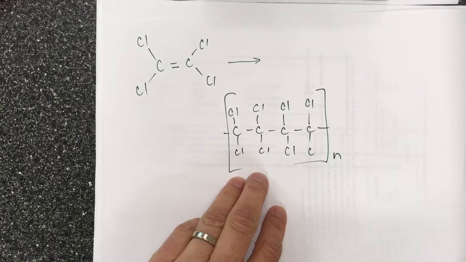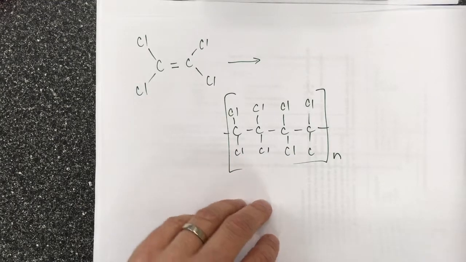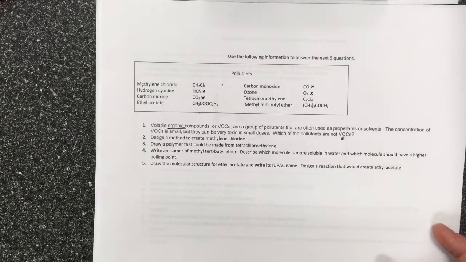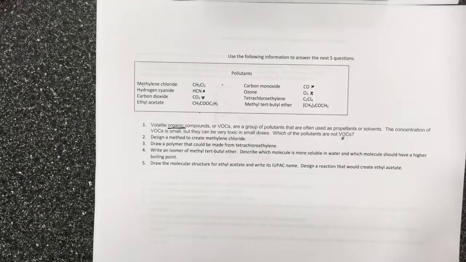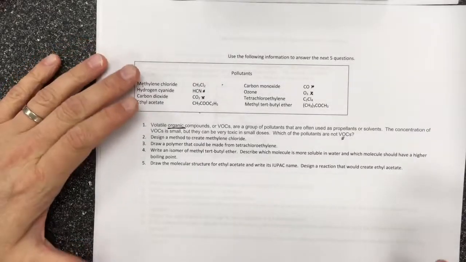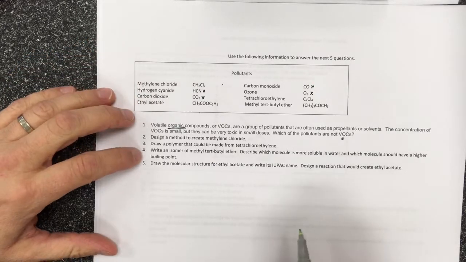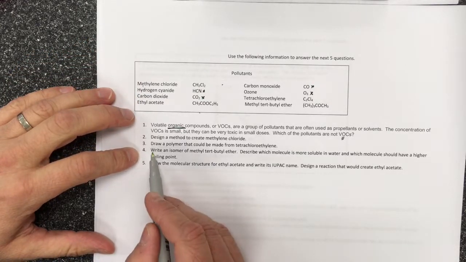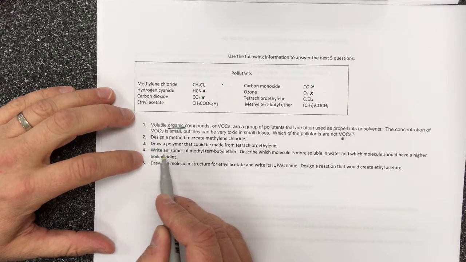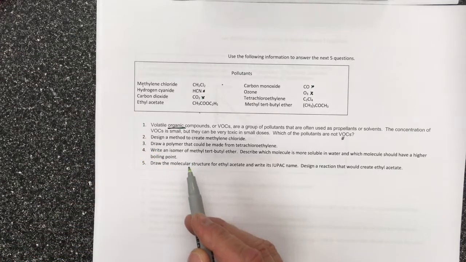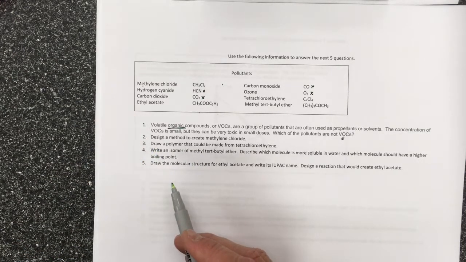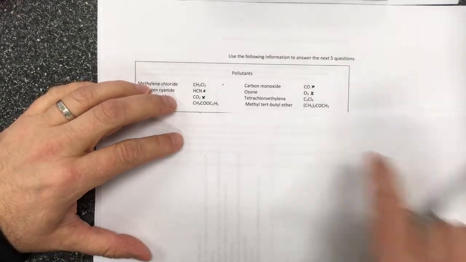So that's an addition polymer, and you should be able to spot those both by the product as well as if you've got an alkene and it's a reactant that's likely to become an addition polymer. Then it says, write an isomer of methyl tert butyl ether. So let's make sure we get methyl tert butyl ether. Now, this is a bit of a nightmare, this one, right?